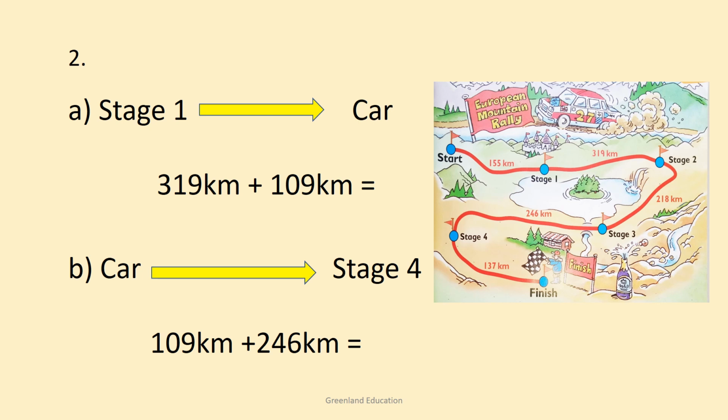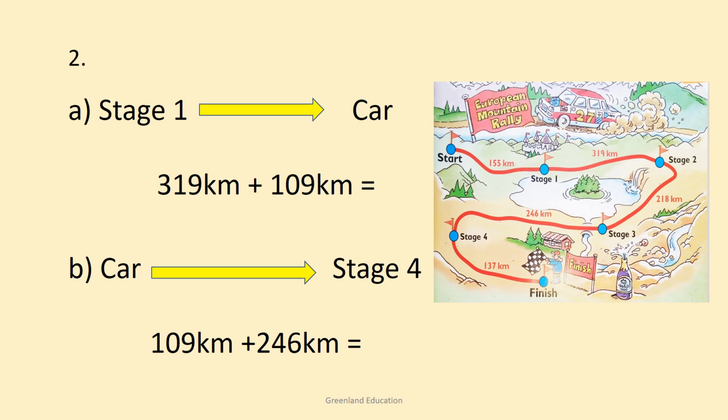Let's find the second question A answer. Children, you want to find the distance from stage 1 to car. From stage 1 to stage 2, the distance is 319 kilometers. Then from stage 2 to car, the distance is 109 kilometers.